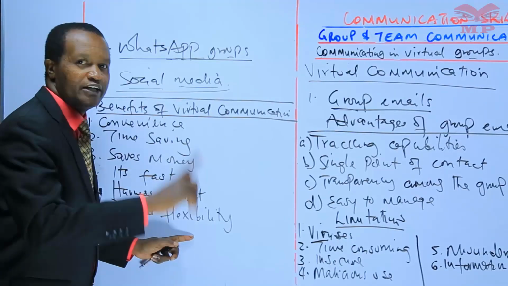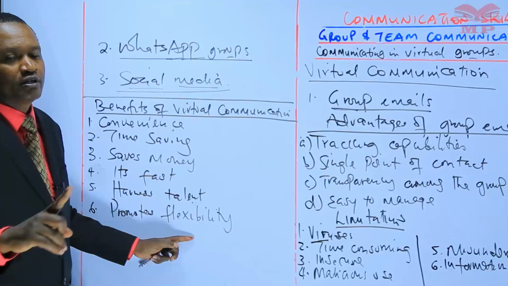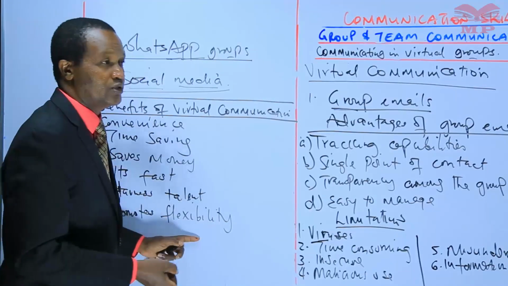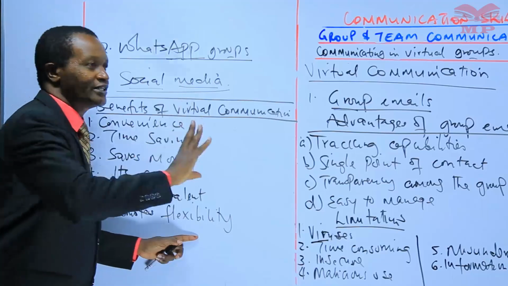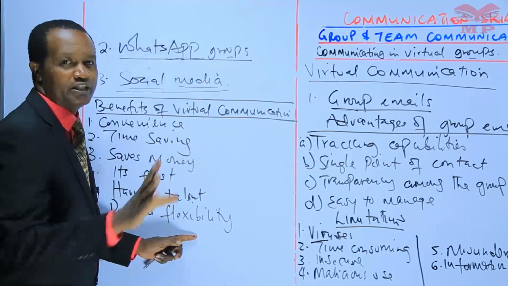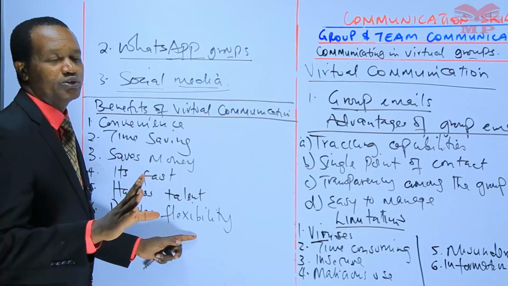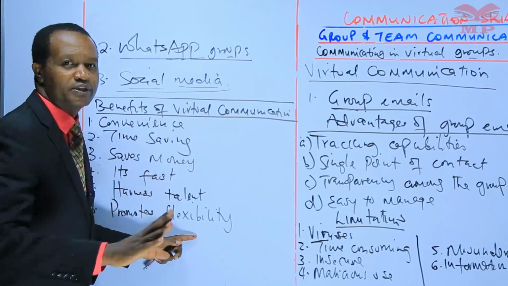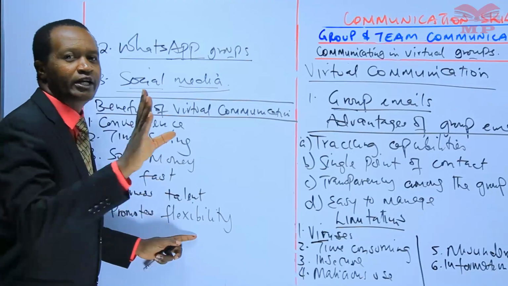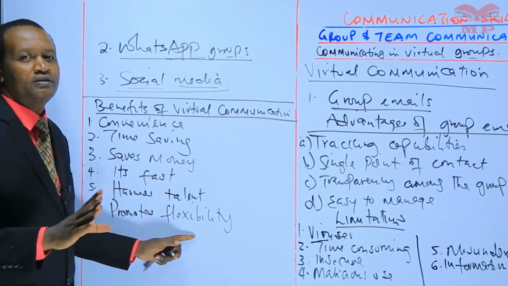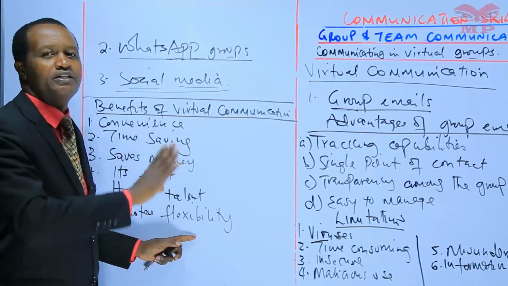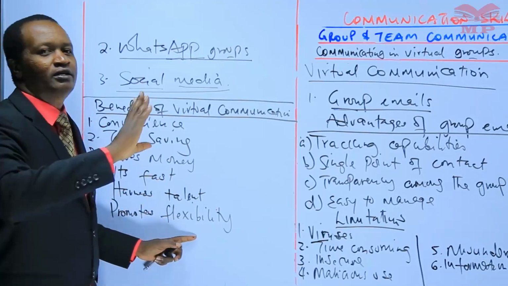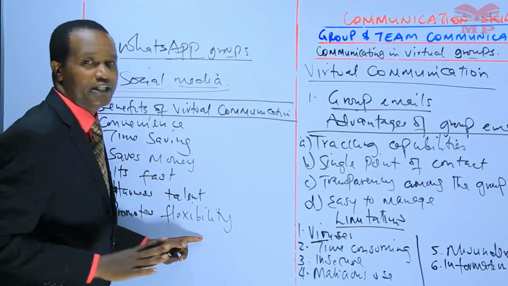For example, mothers who are working, balancing work and family can be tricky. That is where virtual communication helps them work from wherever they are, because they can communicate very fast, they can work very fast and submit their work virtually.